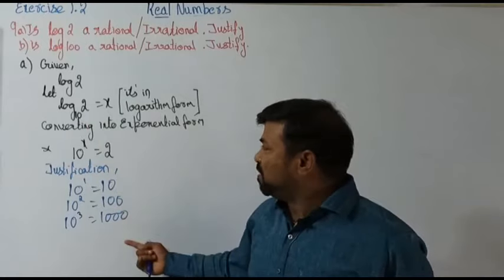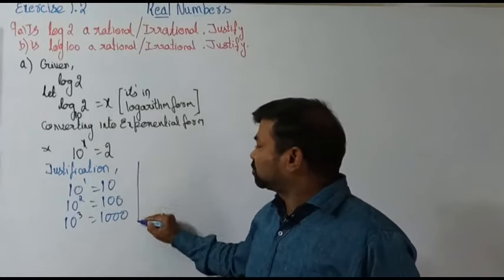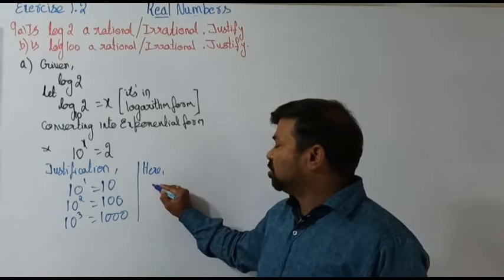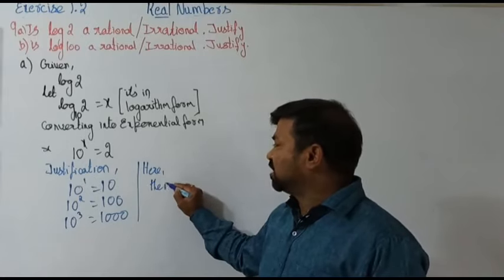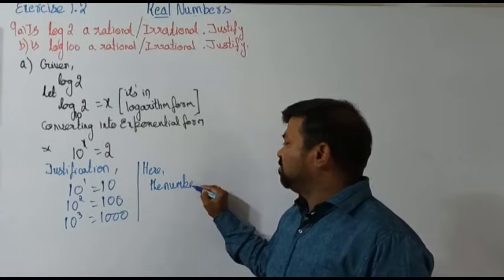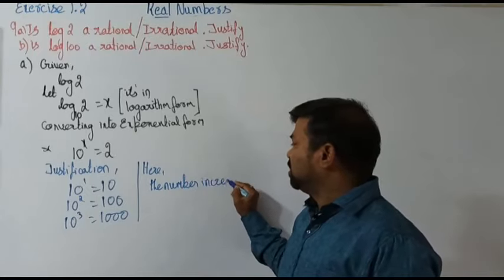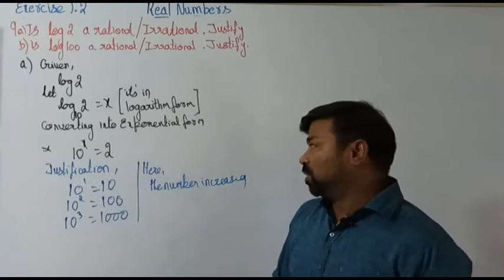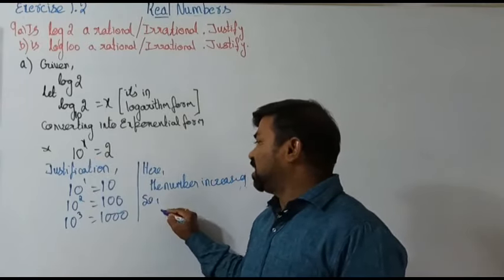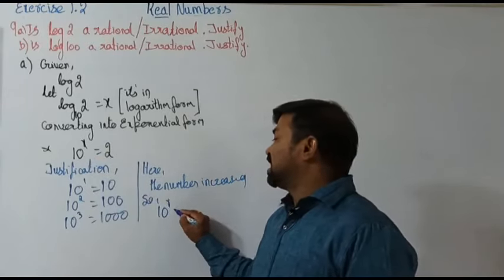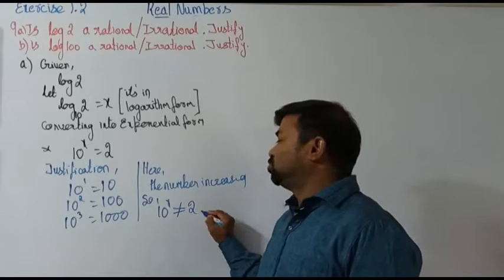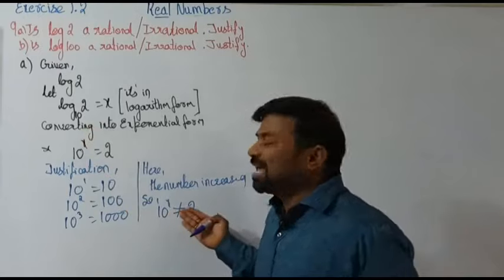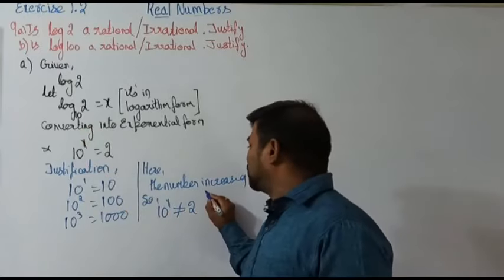Here the number is only increasing, never decreasing, so there is no chance of it becoming possible. So what we can say is that 10 to the power x can never be equal to 2. So what we saw is that 10 to the power x cannot be 2, which is a contradiction.